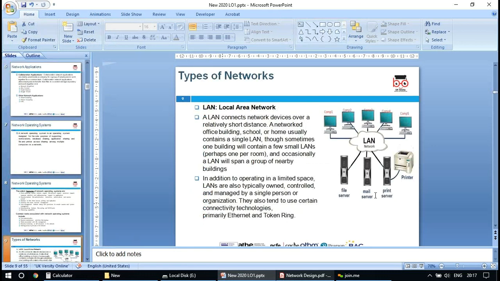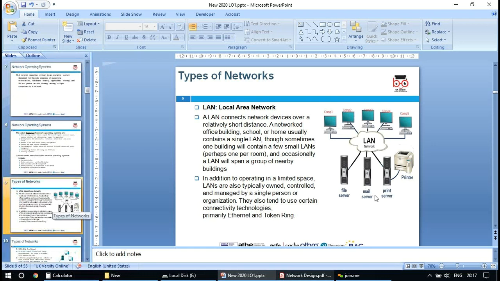Then furthermore, we talk about the types of networks. Mostly we look at the local area network, when we create a network within our own home or office.